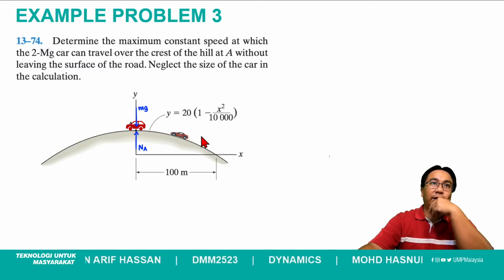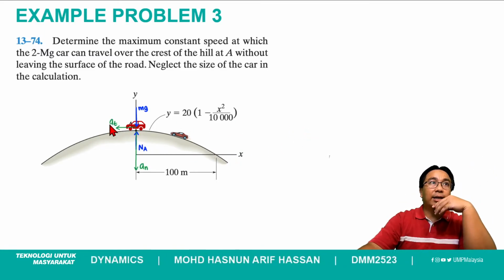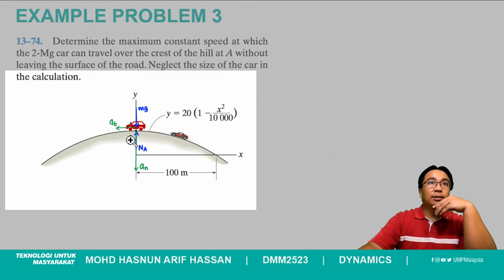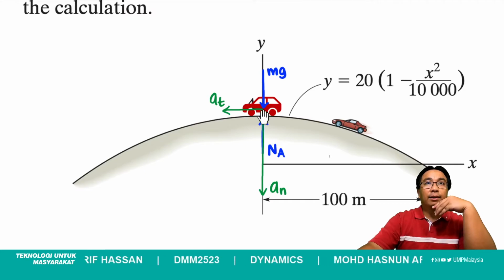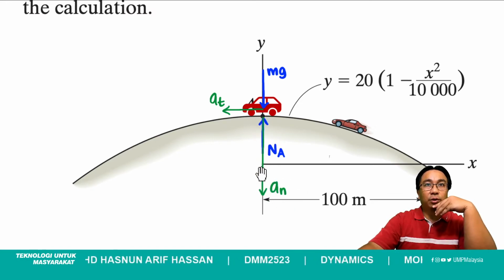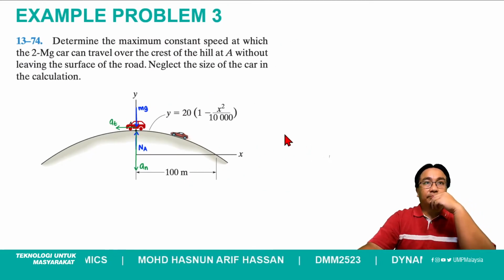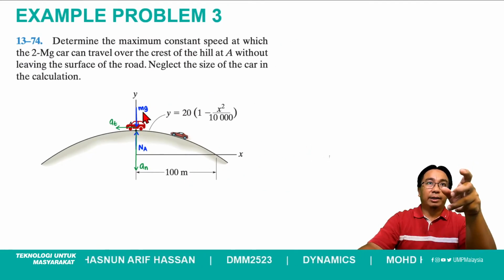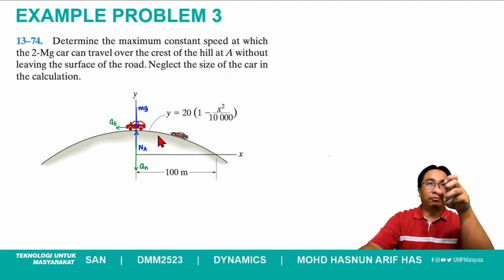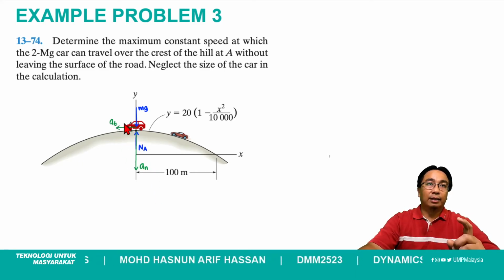The car is travelling counterclockwise to the left, so the tangential component will be pointing to the left. Therefore, 90 degrees to the tangential component will be the normal component of the acceleration, which will be pointing to the center of the arc. The center of the arc will be somewhere down here. Okay, so that completes the free body diagram. The blue colored arrow is for the free body diagram. The kinetic diagram is the green colored arrow.